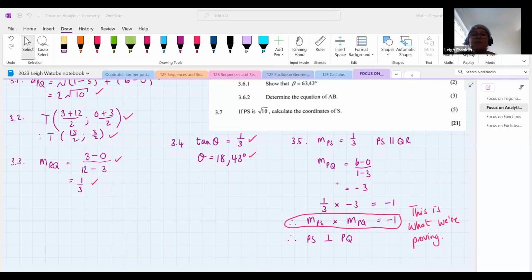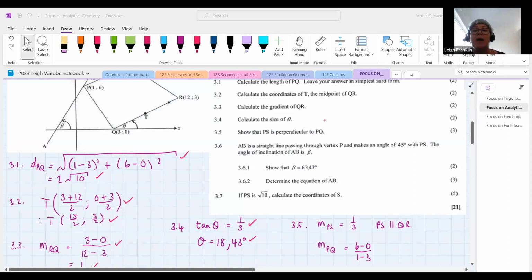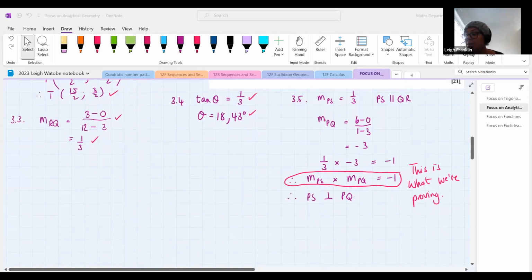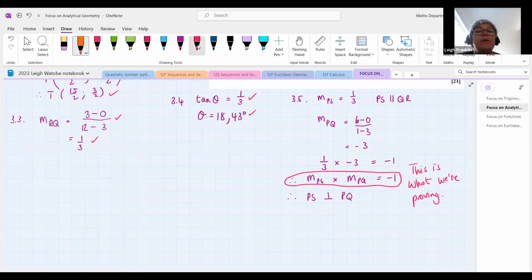Lovely. So let's just have a look where the marks would be allocated. This is out of 3. So there is going to be a mark for the third times the -3 equals -1, and your conclusion.